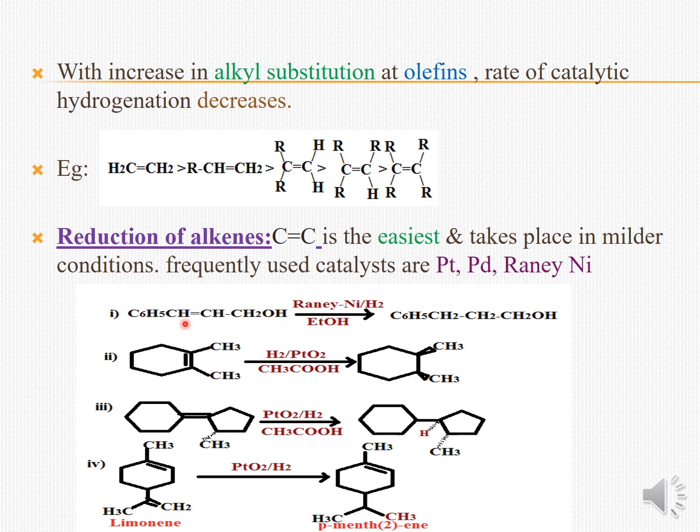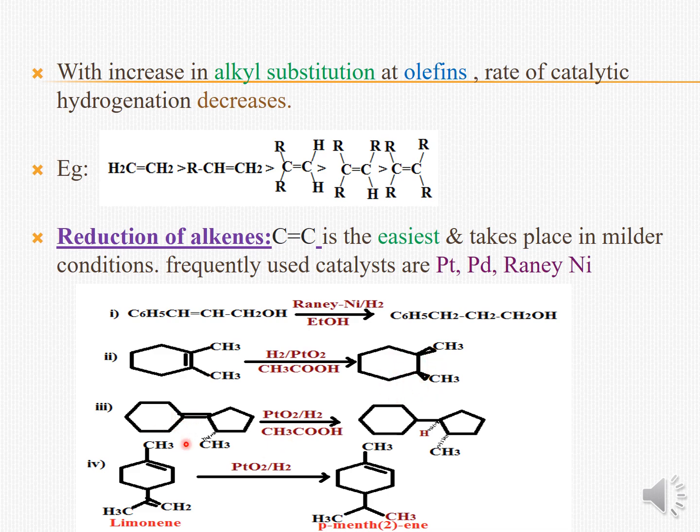So here this bond gets reduced by the addition of hydrogen. Again, if you take this aromatic compound, dimethyl substituted cyclohexene, in the presence of hydrogen and platinum oxide, upon the addition of acetic acid, this bond gets reduced with the formation of the cis product, the cis dimethyl product.